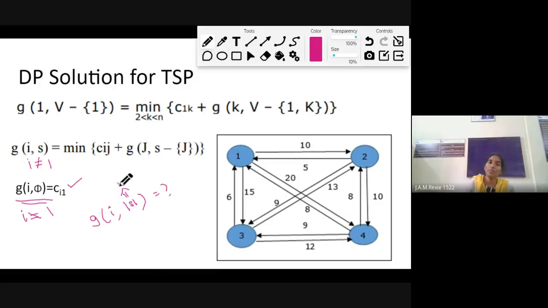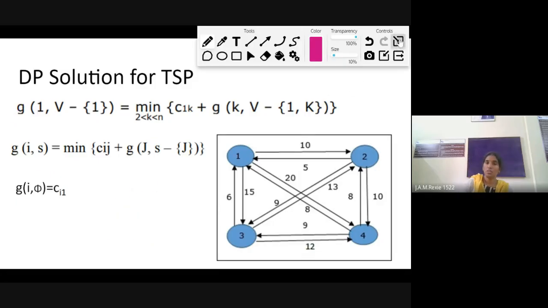Then we will be having 2 intermediate vertices. Then we will be having 3. So till we are having n minus 2 intermediate vertices, this G of I comma S has to be computed for all I values other than vertex 1. Okay. Once it is completed, then we will compute the final calculation. This is how we are solving the traveling salesperson problem.